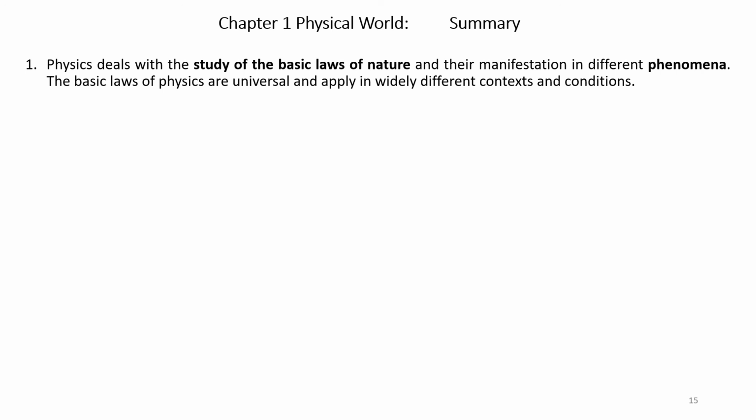The basic laws of physics are universal and apply in widely different contexts and conditions. That is, physics deals with basic laws of nature, and these laws are universal and are used very widely in different contexts and conditions.